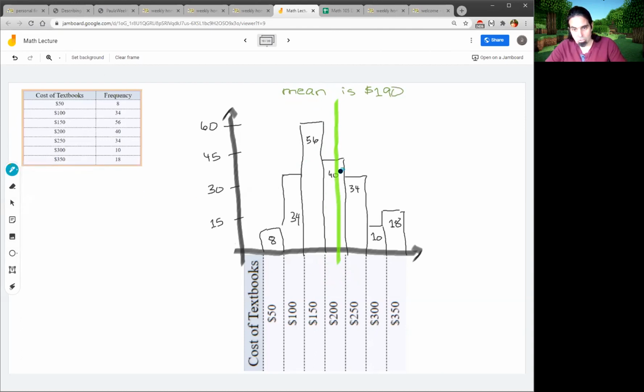Okay, so these are off by 10. These were off by 40. The 250s are off by 60. The 300s are off by 210.